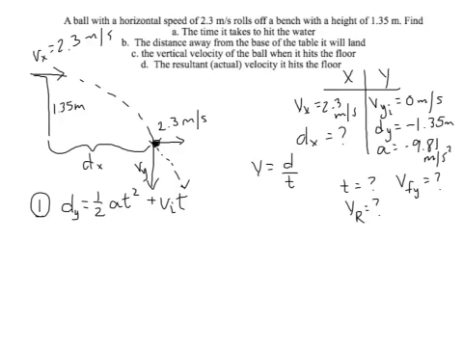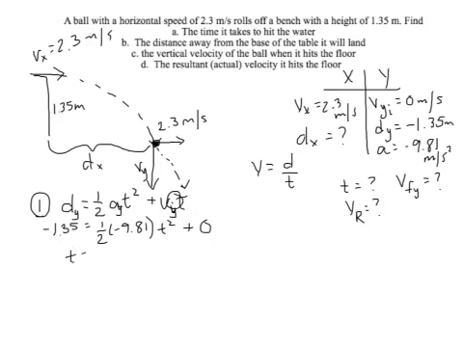All of the variables that are being used in this equation must be in the y dimension. The acceleration, the initial velocity, all have to be in the y. So when I put in my numbers, negative 1.35 equals 1/2 times negative 9.81 times time squared plus 0, because my initial velocity in the y is 0, making this whole factor 0.